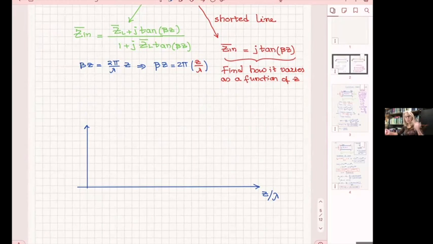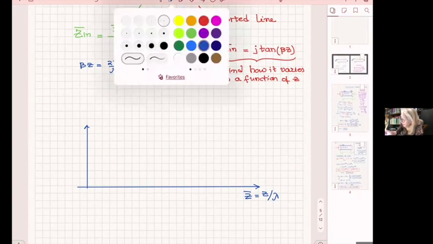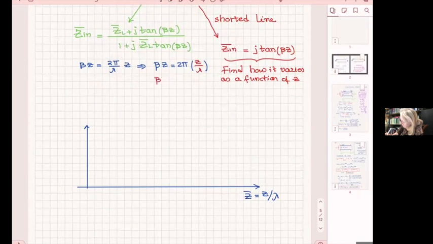And then you will always try to find what function of lambda it is, because if I give you the frequency and Z in physical dimensions, you can find lambda, and so from there you can find Z. But the moment you have normalized Z in that form, you can call that normalized Z, and then beta becomes 2 pi times Z normalized, but now the normalization is with respect to lambda.